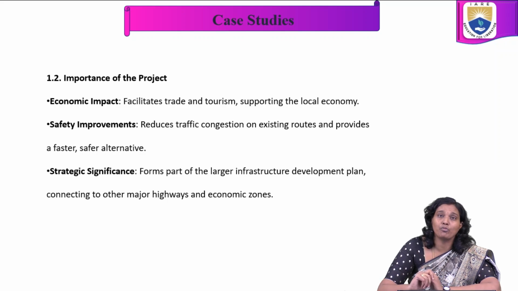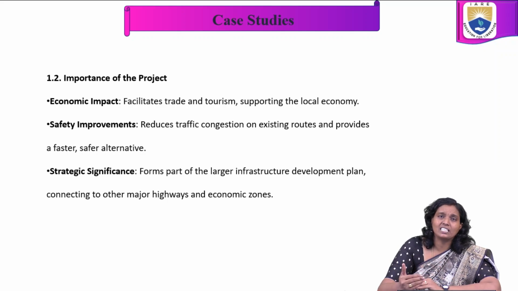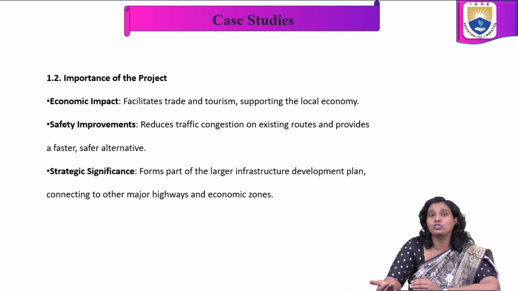In this, safety improvement reduces traffic congestion on existing routes and provides a faster and safer alternative. This strategic significance forms a part of a larger infrastructure development plan connecting to the other major highways and economic zones.